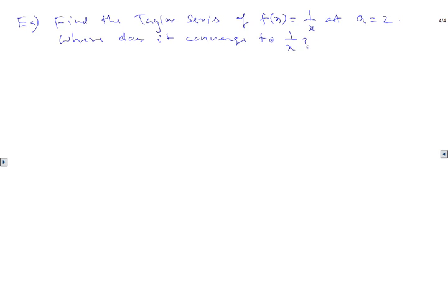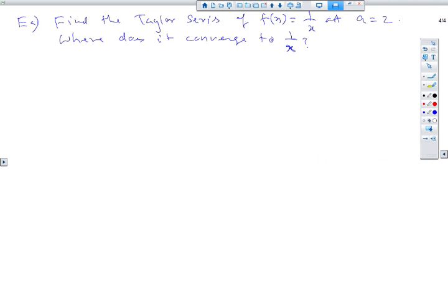We know that it is not always equal to 1 over x, because there is an interval where it's going to converge. So let's try to find that.